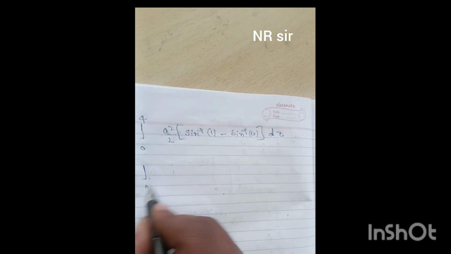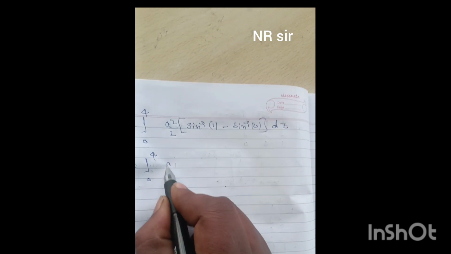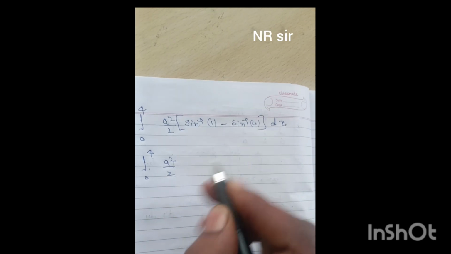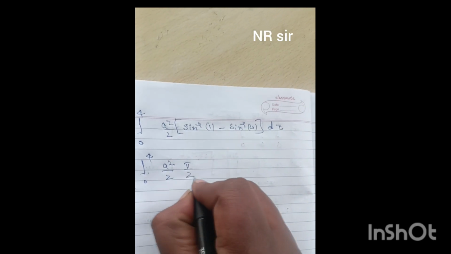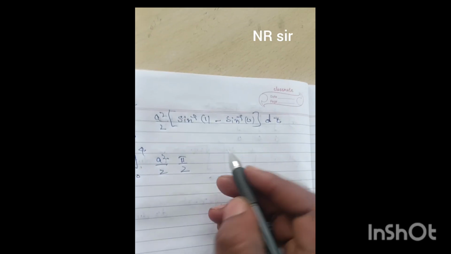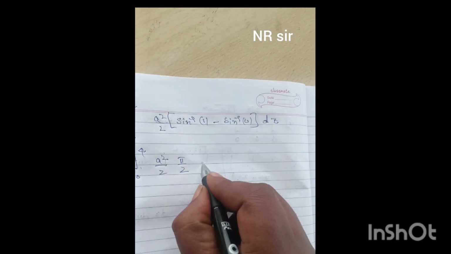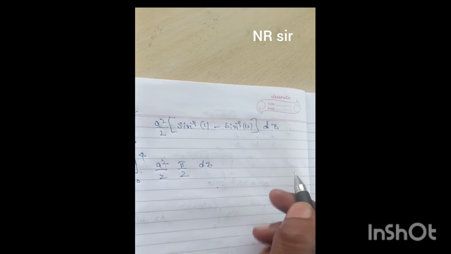This is equal to 0 to 4, a square divided by 2, it will become pi by 2, since sin 1 becomes 90 degrees and sin 0 becomes 0. So this is dz.